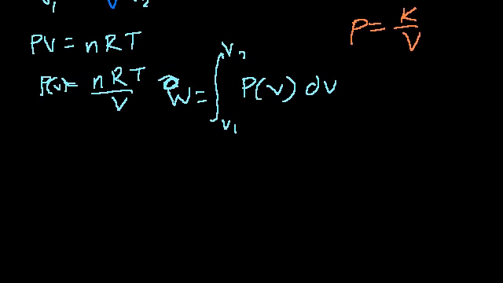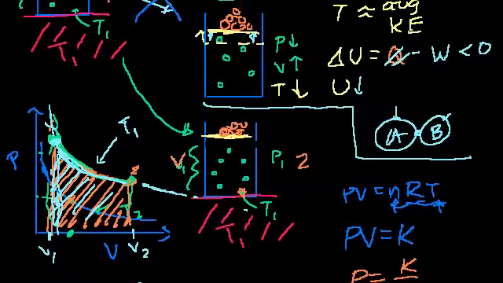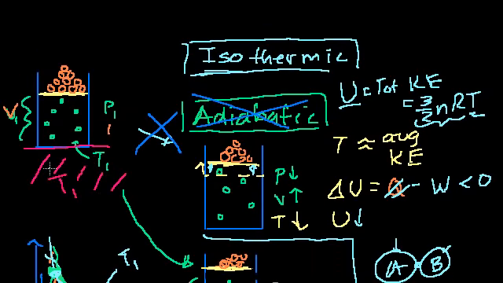So what's P as a function of V? Work done is equal to the integral from V1 to V2 of nRT over V times dV. Now, this was our simplifying assumption. We said we're sitting on top of a reservoir, but this reservoir keeps our temperature the same the whole time.